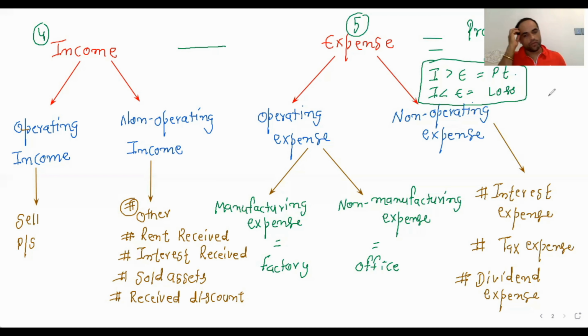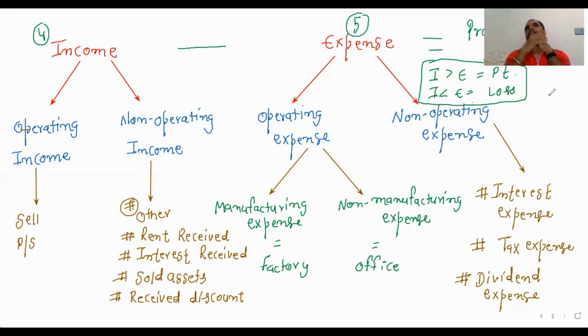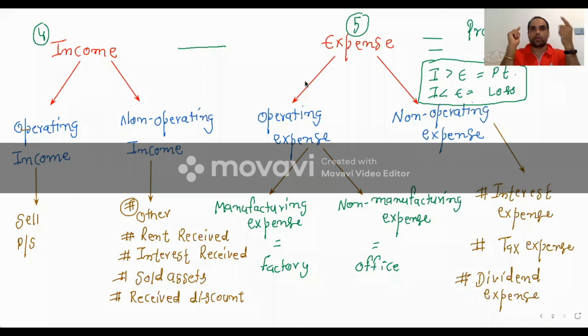Before we move on, I want to recall the previous lecture. In the previous lecture, we studied various things in relation to the conceptual framework. For example, qualitative characteristics. What are the characteristics?